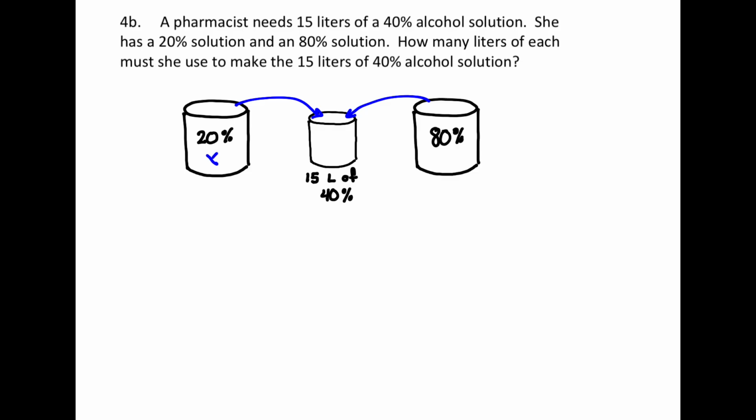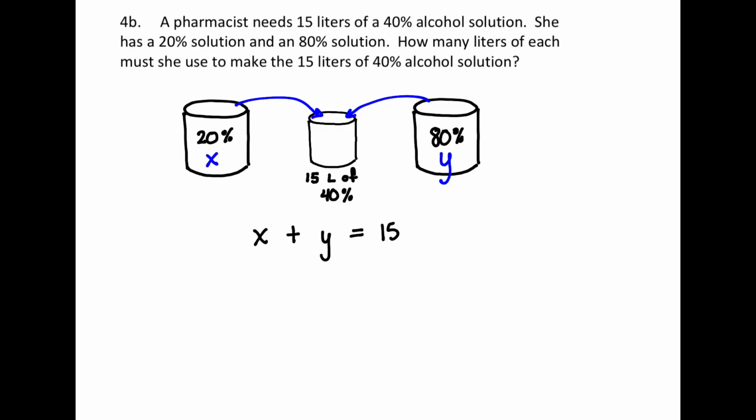Okay, I'm going to call this one X and this one Y. So that gives us one equation. We know that we're going to pour some of the x and some of the y together, and we're going to get 15 liters out of it.